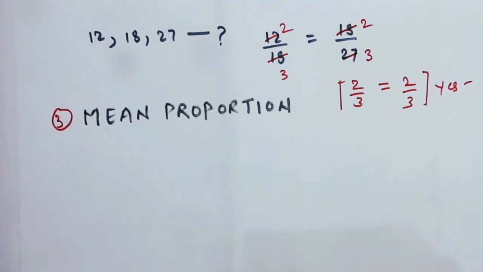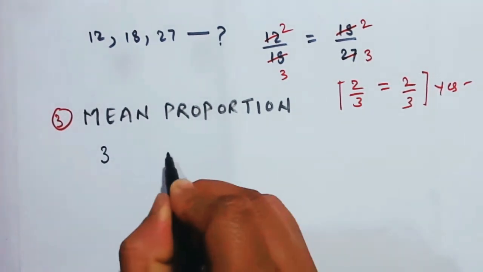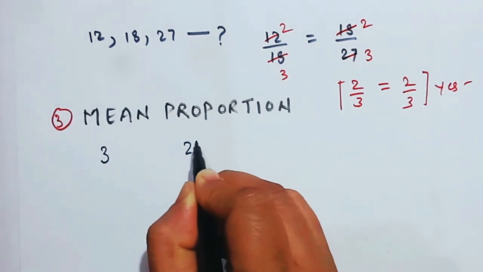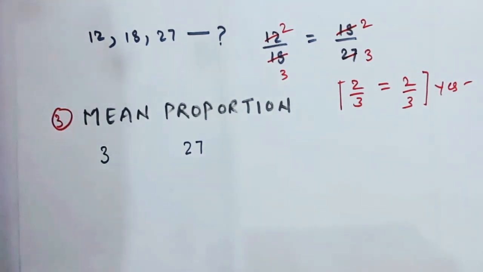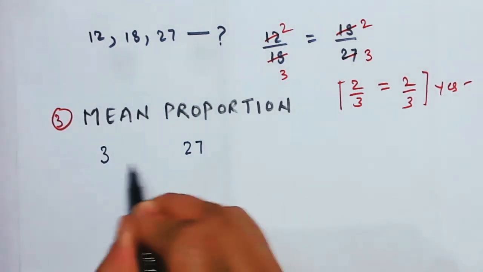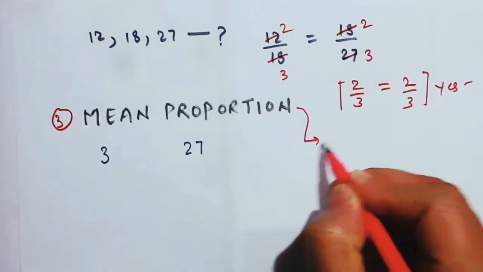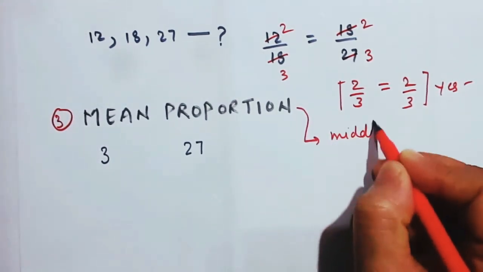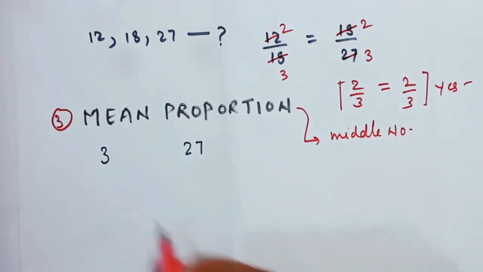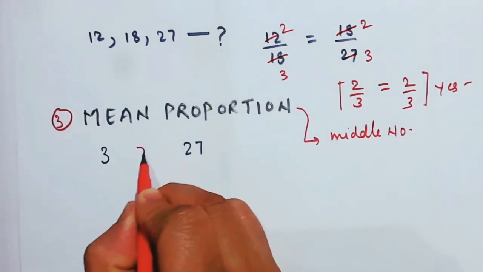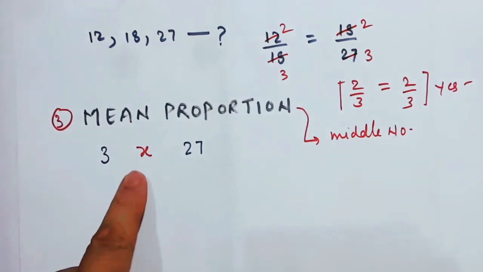Let us see. 3 and 27, these two numbers have been given to you, and you are being asked to find the mean proportion between them. This mean proportion actually means the middle number. So let us take the middle number as x.